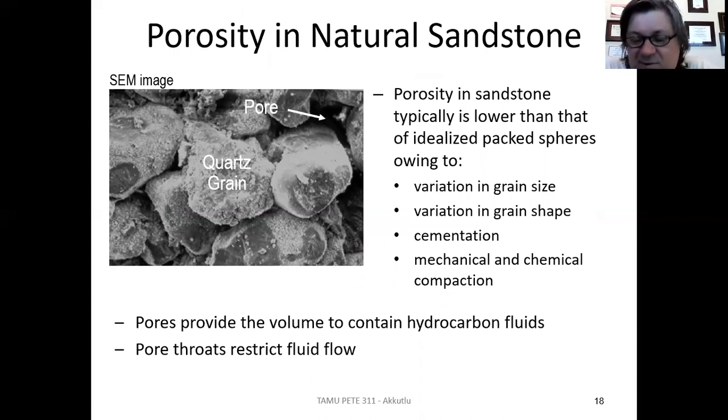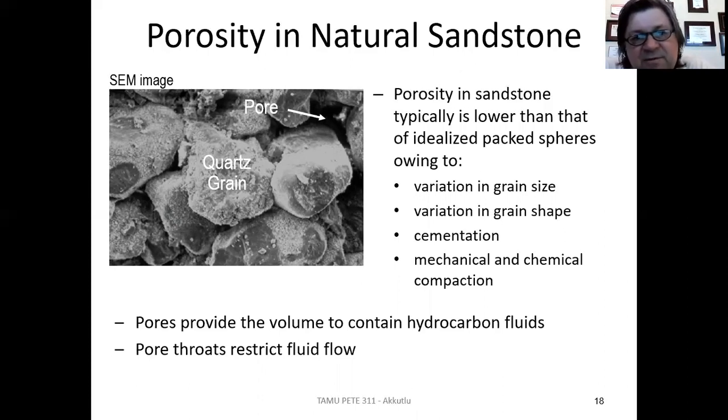It's not like spheres right next to each other lined up, but what you see here is that things are getting compacted and sediments are getting buried, and also the shapes of these grains and their angularity versus roundness, platiness, right? As well as the size.